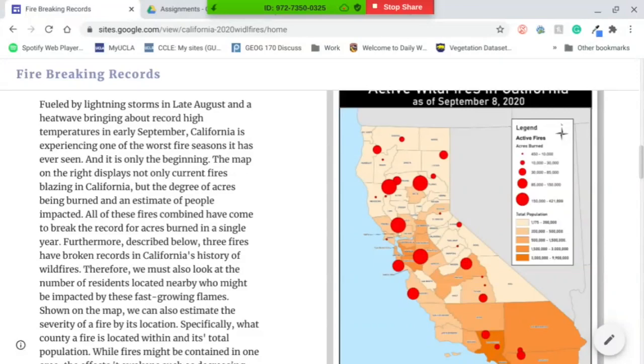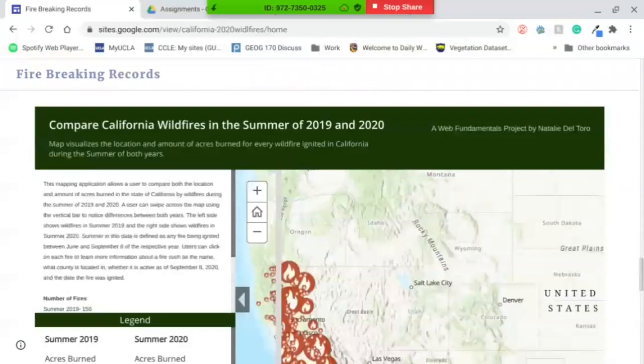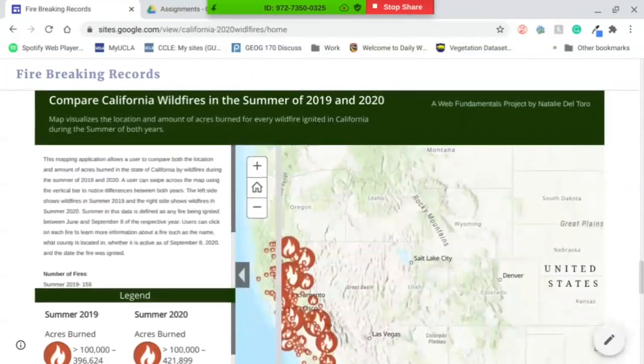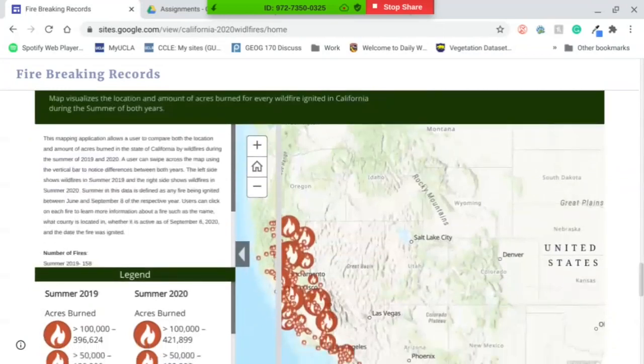Using these different techniques, I aim to show how severe these fires currently are and the level of threat they present in the state. The last map is a special web mapping application that compares the number of summer wildfires in the years 2019 and 2020, along with the number of acres they burned. Compiled in ArcGIS, the application uses 2 separate maps, one which displays the wildfires in 2019 and the other which displays wildfires in 2020. Both maps include only 2 layers, the wildfires and the topographic base map.